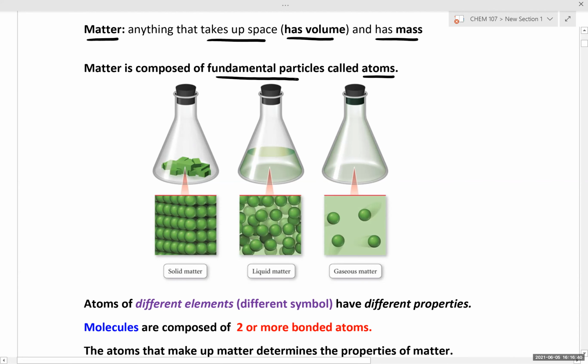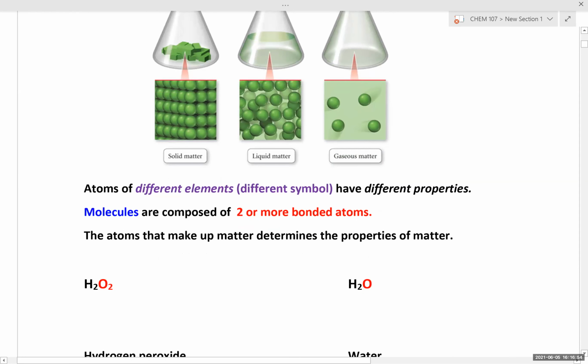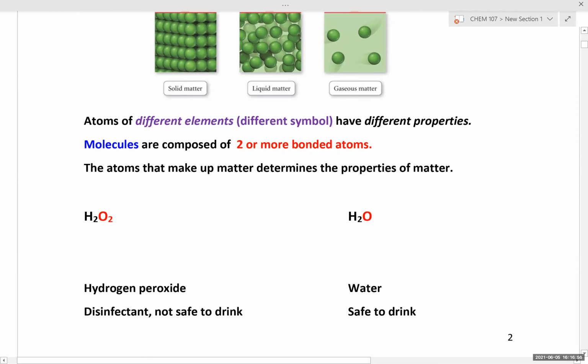And so, for example, if we look at solid matter, liquid matter, and gaseous matter, we can describe matter as a collection of atoms. Now, this is important because atoms of different elements with a different atomic symbol will have different properties.